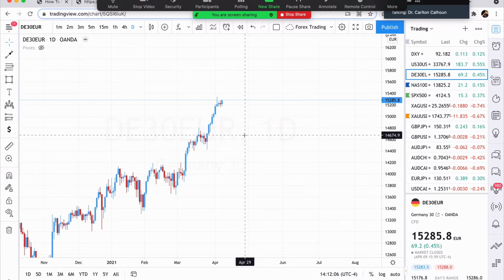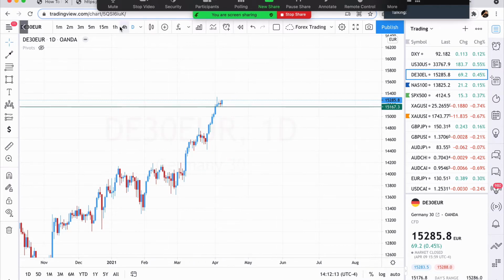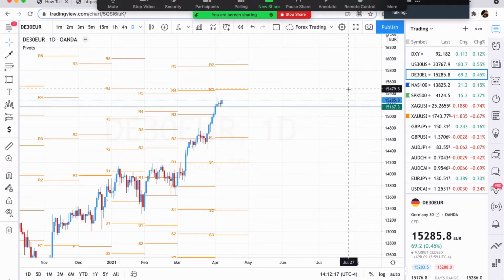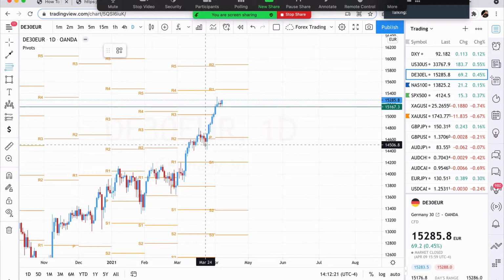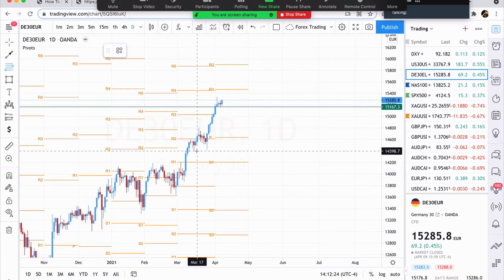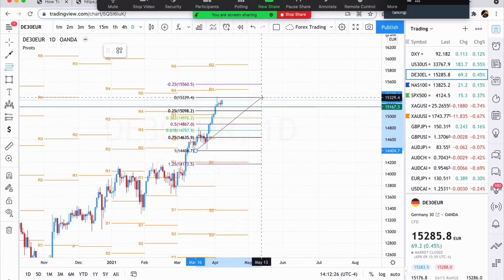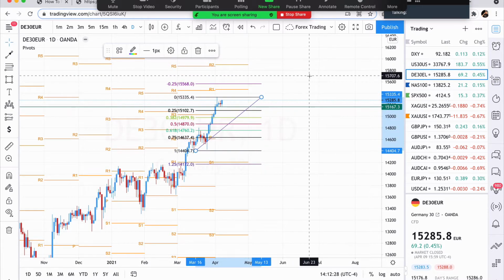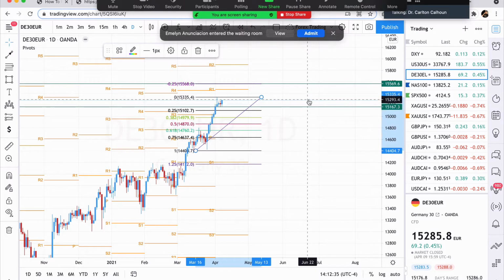Here was the breakout. Here's the new breakout. Retest. Using the fibs along with pivots to find potential targets.